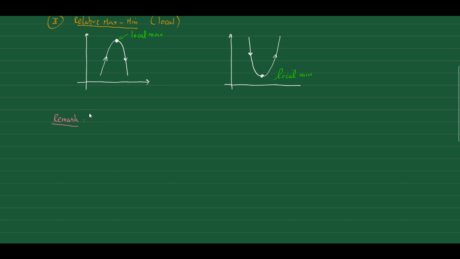The absolute max can be local. Very important: it means the absolute max can be the connection between the increasing and decreasing, but it doesn't have to be.